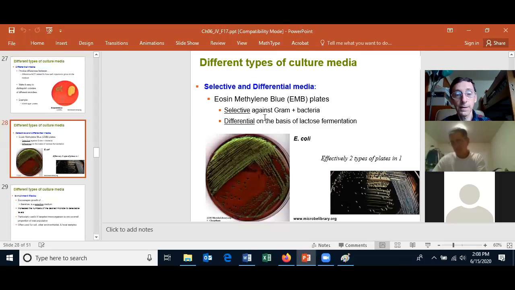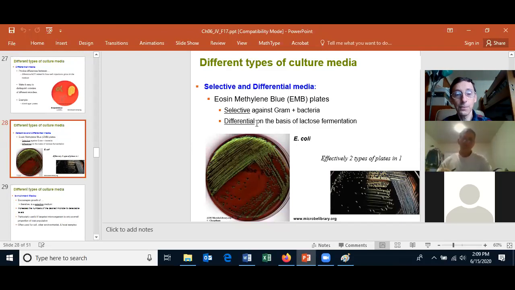It's selective against gram-positive bacteria because gram-positive bacteria don't like growing in the dyes eosine and methylene blue, and these 2 dyes are put into the media and they get into the gram-positive cells and they prevent the gram-positive cells from growing. And that's why it's selective. Any question about that?